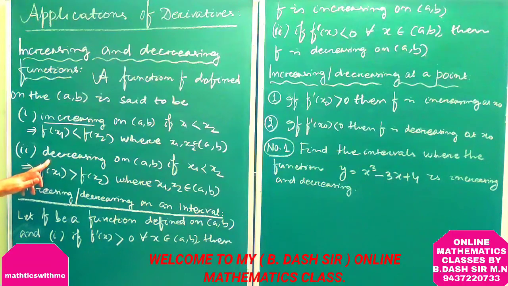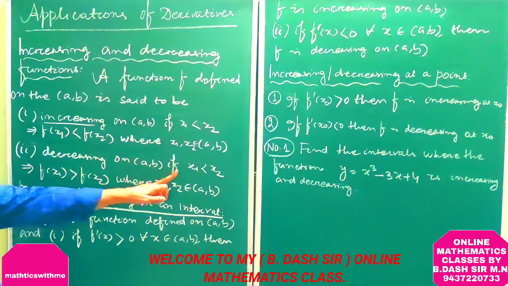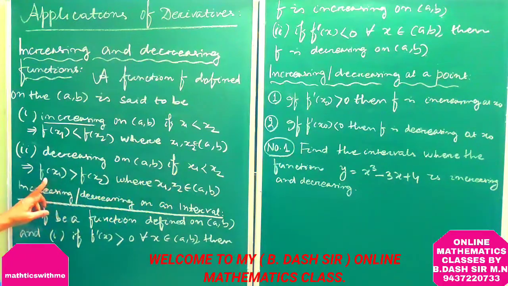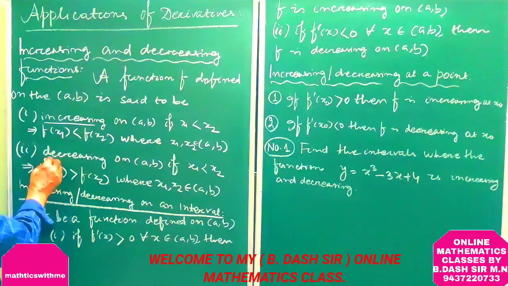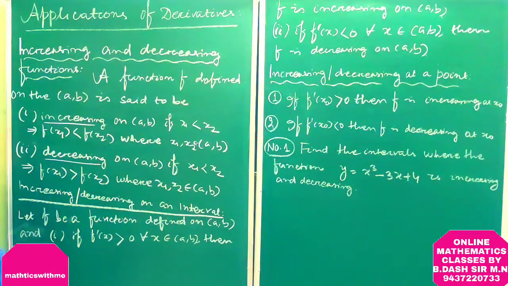The function is decreasing on (a, b) if x1 < x2 implies f(x1) > f(x2), where x1, x2 belong to (a, b). This is the definition of an increasing and decreasing function.